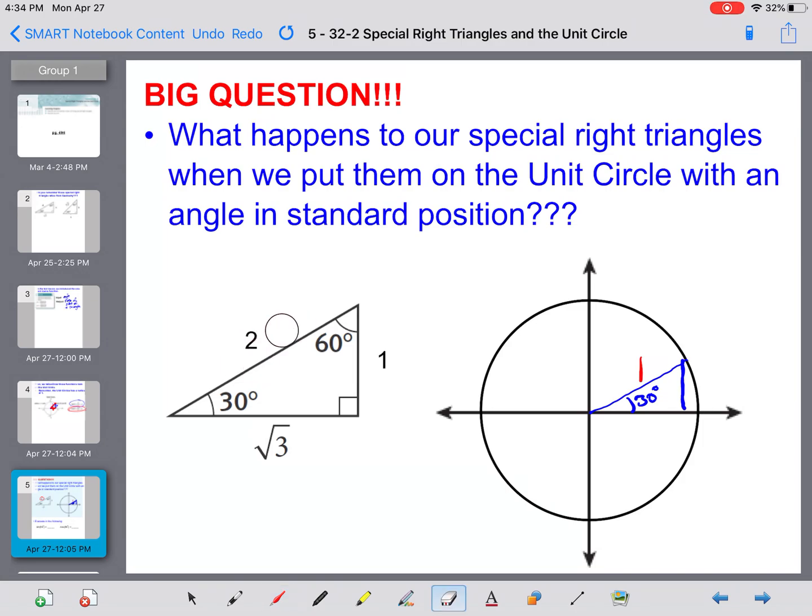So if I divide everything here by 2, that's going to give me the same ratio. So this side over here becomes 1/2. This side here, the vertical side, becomes 1/2, and this bottom side becomes root 3 over 2. So it's the same ratios.